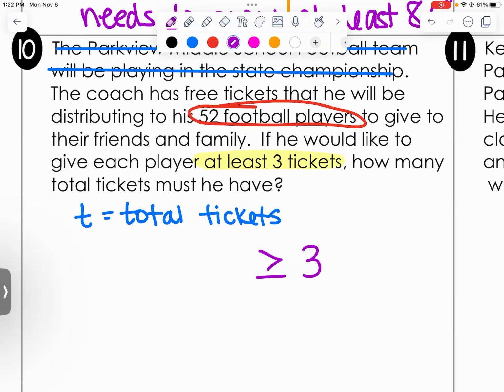Okay, so now we need to think about what goes on the other side, right? We have 52 football players, and they're going to distribute tickets to their family. Emma, what do you think? Okay, somebody else tell me, why is she taking T divided by 52? Okay, so we're taking the tickets and we're putting them into 52 groups, okay?